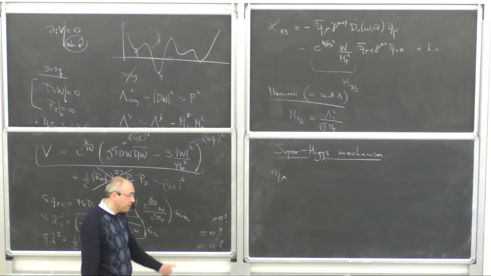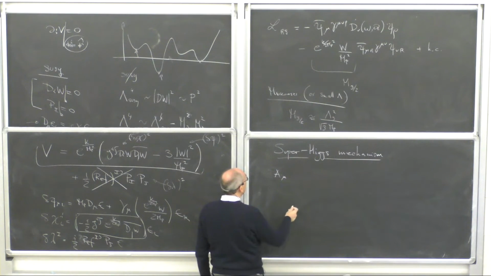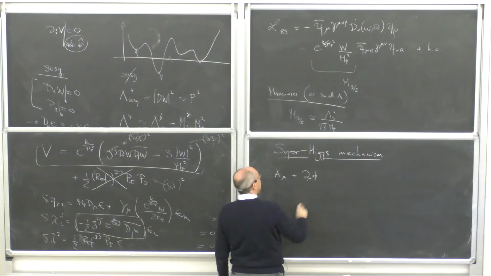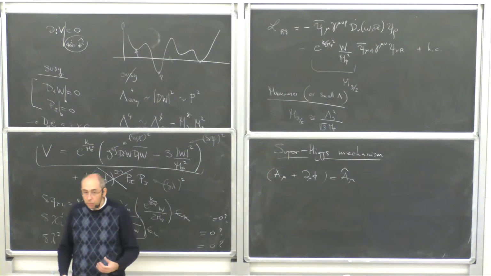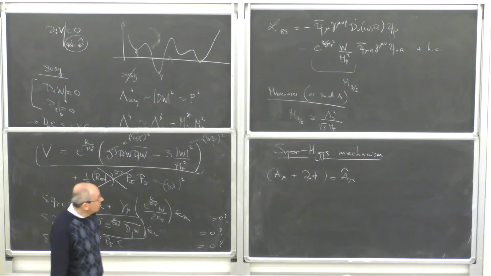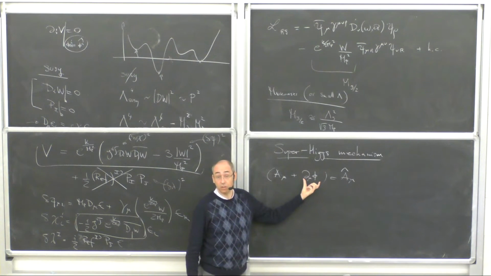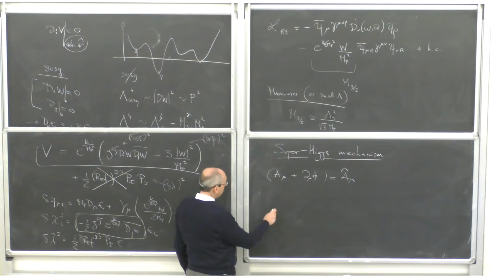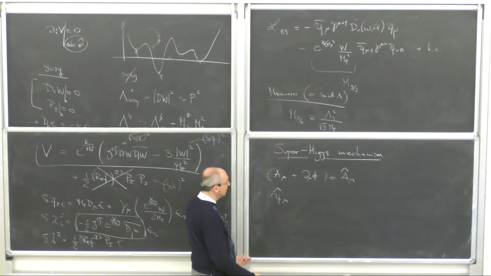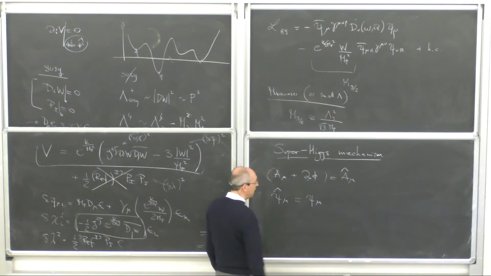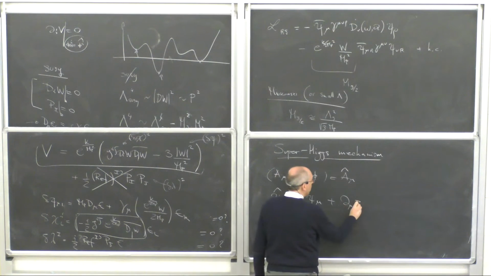Now, when you have the Higgs mechanism, you have a vector field, and this vector now essentially will couple to some scalar field in such a way that you have a new field, which is defined as this combination, which is massive now, and which, in addition to the plus and minus 1 polarization, carries also the scalar polarization. Now, the thing should happen exactly in the same way for the gravitino. You should have a massive gravitino that should be a combination of the original one plus now what? The derivative of a fermion, though, not of a scalar.